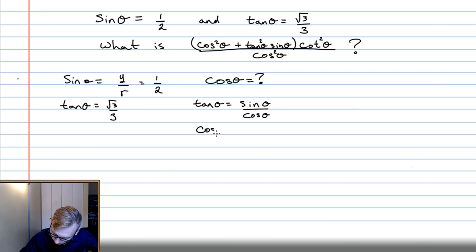So then we've got cos theta, so it would come up over there, and then tan theta would go down there. Cos theta is sine theta over tan theta.